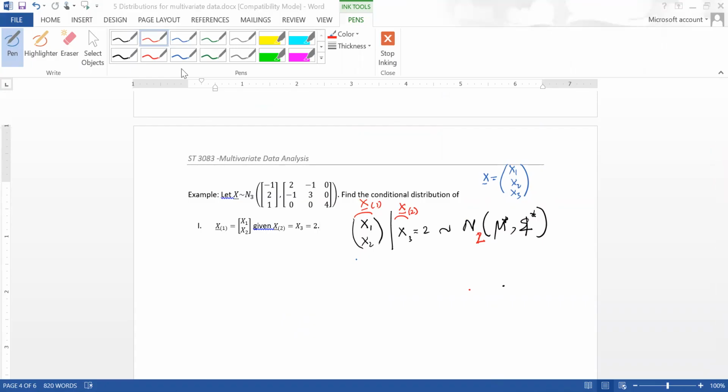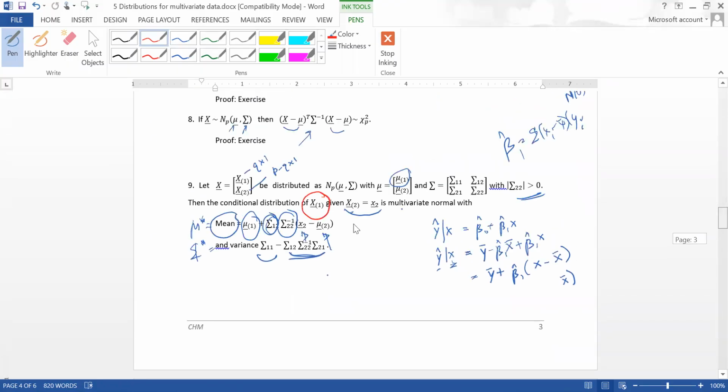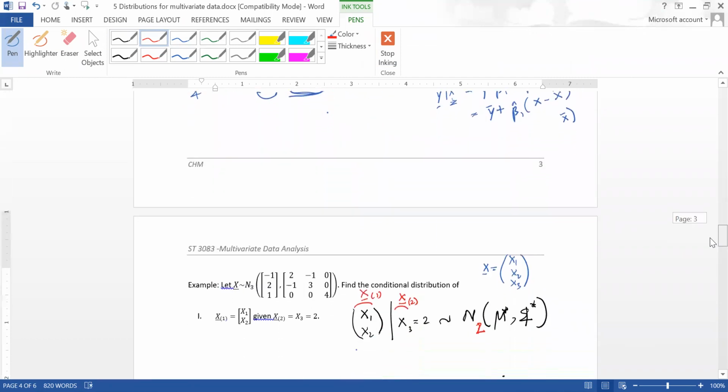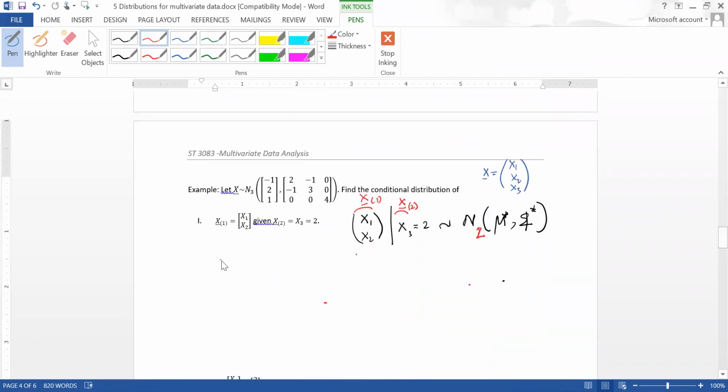Yes. Okay, now you have to find mu star and sigma star. So mu star equals mu1 plus sigma 1,2 sigma 2,2 inverse times x2 minus mu2.